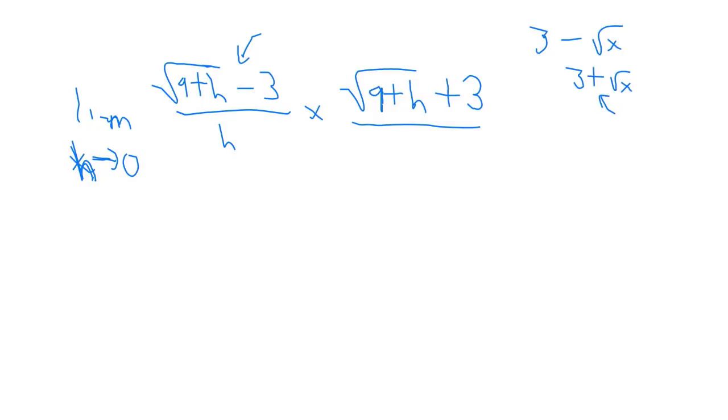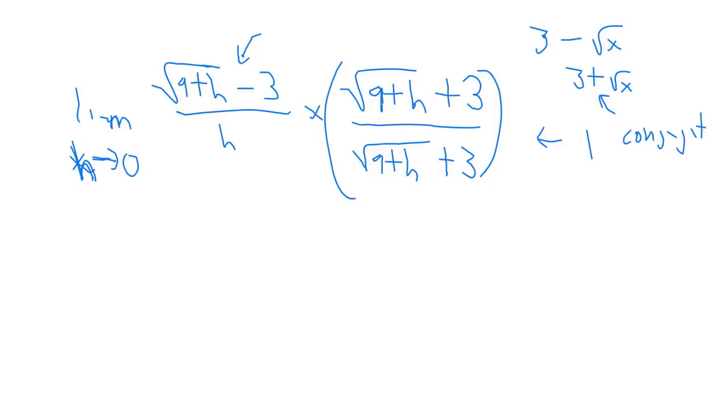You essentially flip the addition or subtraction between the square root and the other number. Notice that when we multiply on top and bottom, the factor we're multiplying by is equivalent to 1, so we're really just manipulating the expression. That's the conjugate.